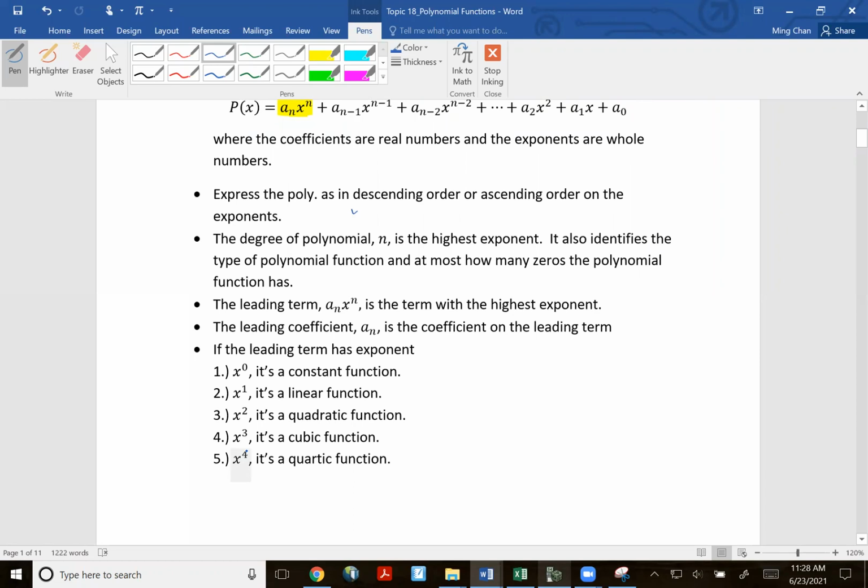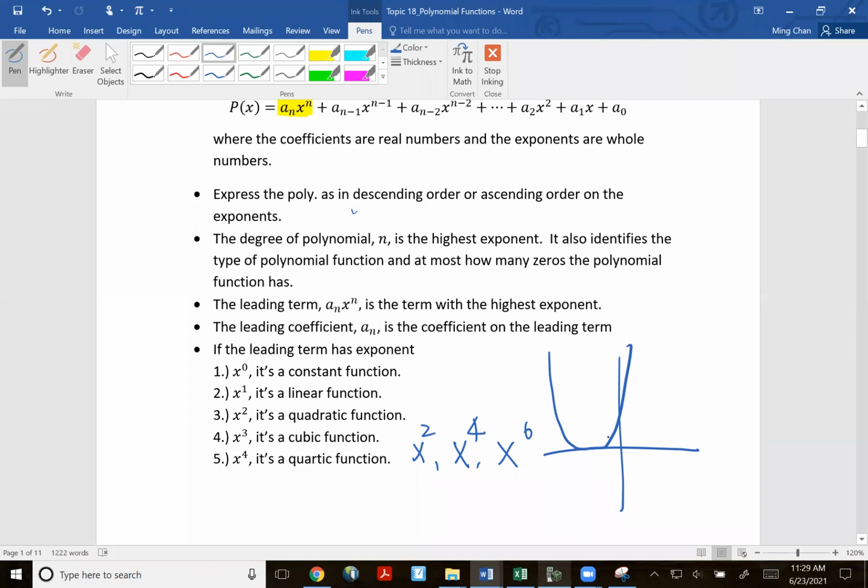Okay, and there's a reason why, and I think I kind of showed you. x to the 4th power looks a lot like x squared, which looks a lot like x to the 6th power. The difference is just that the U part is going to be wider. The base is wider. All right, but we are not going to talk much about that.